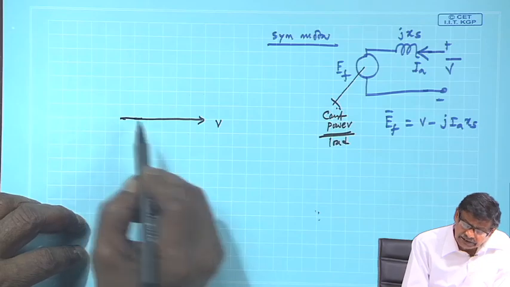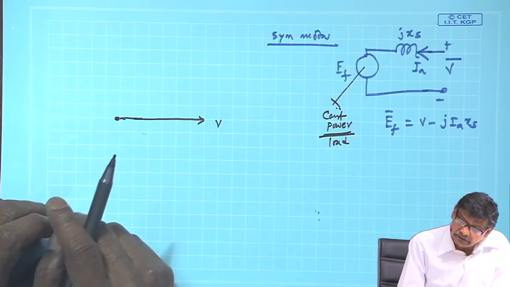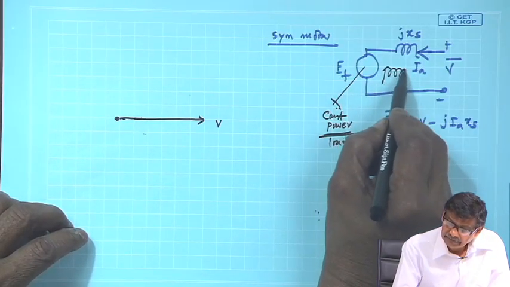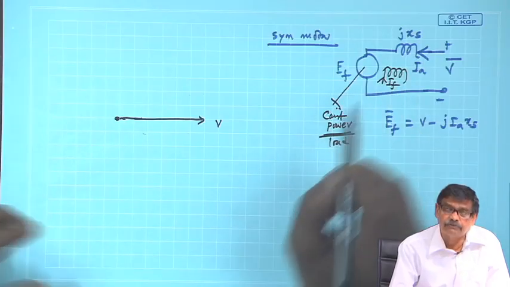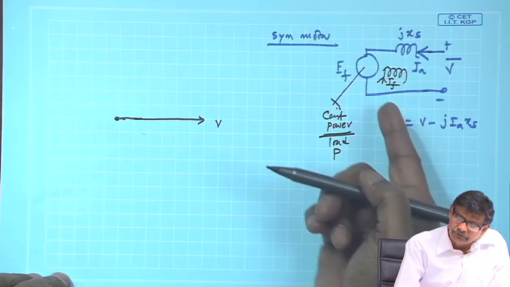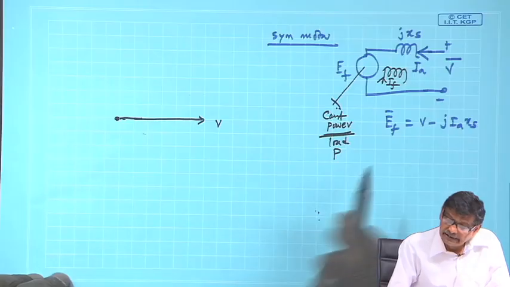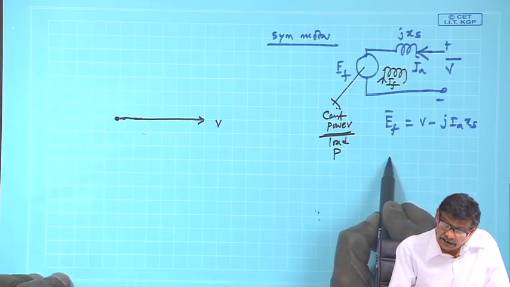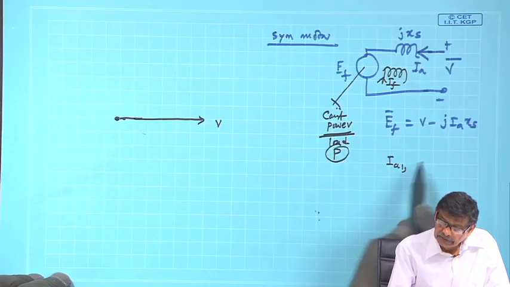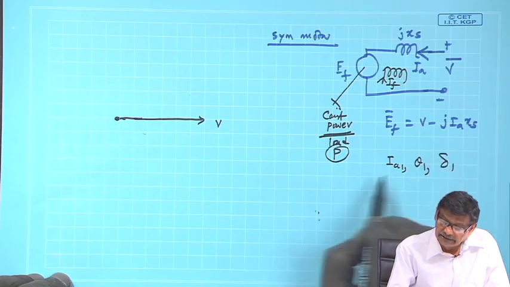Suppose the machine is at some excitation, and I will vary the field current of the machine. The field current I am planning to vary under a constant power P. So, suppose one of the operating points is that the machine is operating with armature current I 1, P is the power, theta 1 is the power factor angle and delta 1 is the load angle.